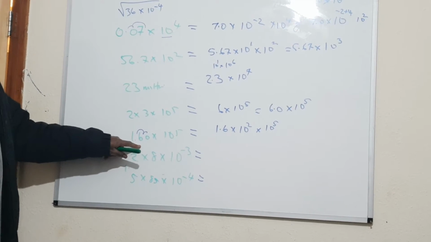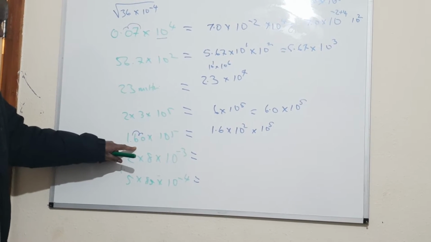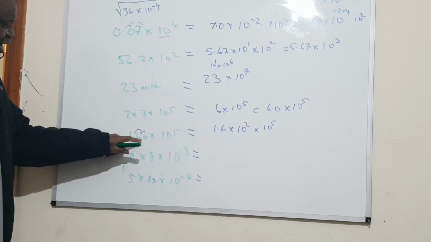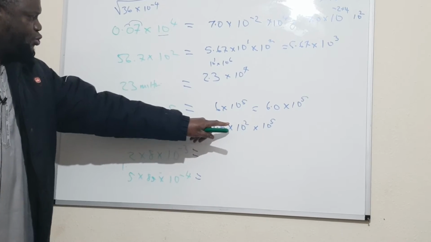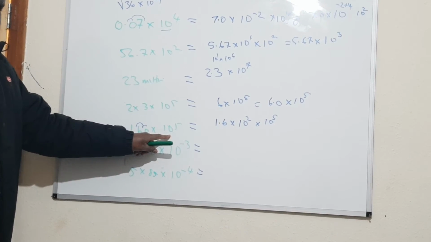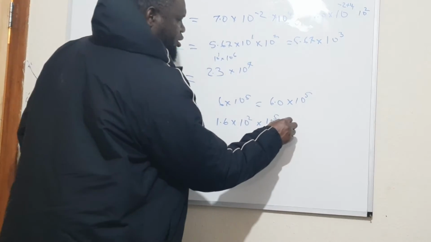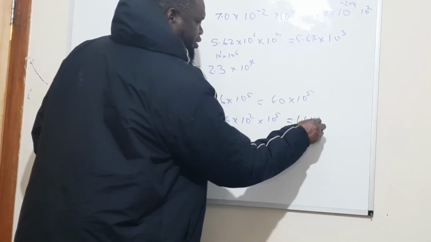Because we convert this 160 to index form first, we move the decimal place 2 times to become 1.6 times 10 to the power 2. And 10 to the power 5 is already multiplied, so this is equal to 1.6 times 10 to the power 7.